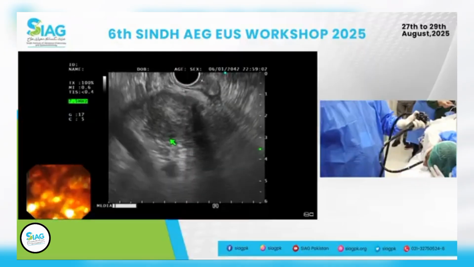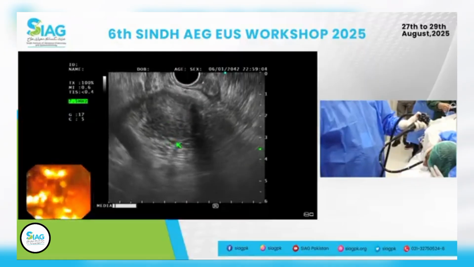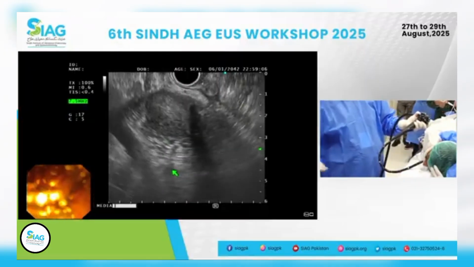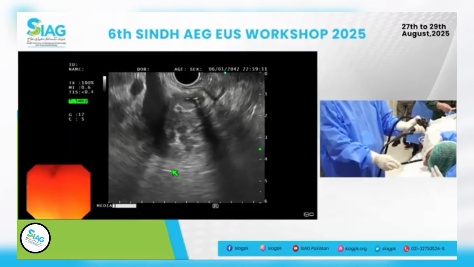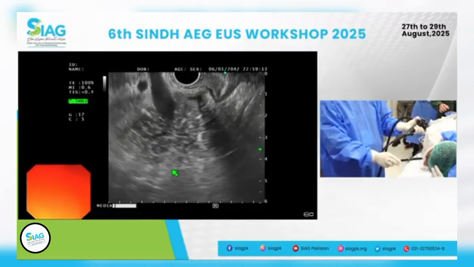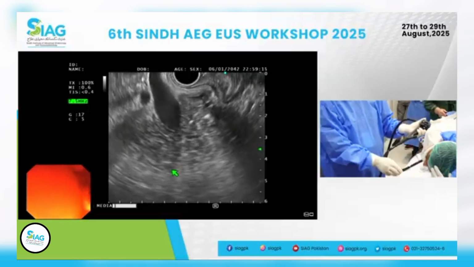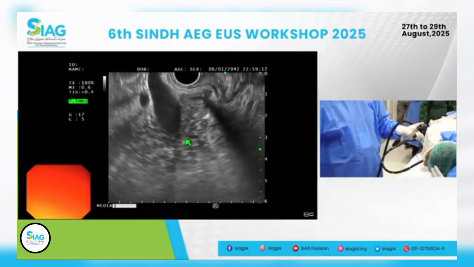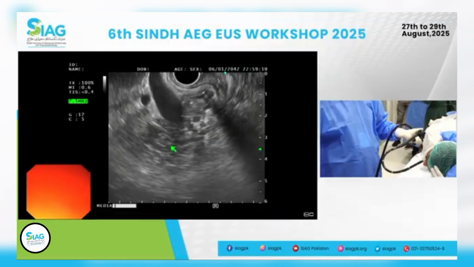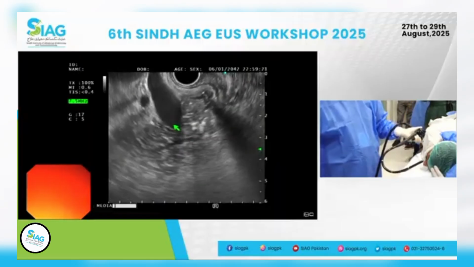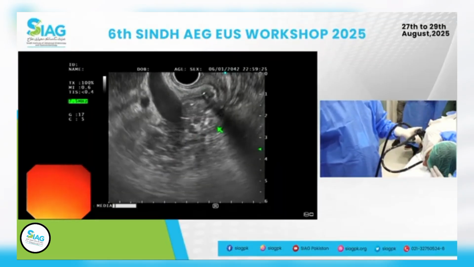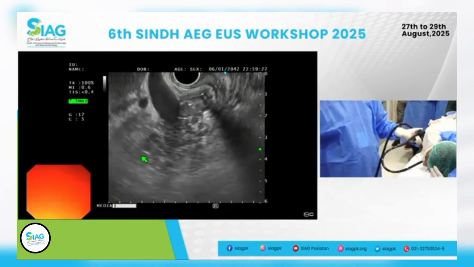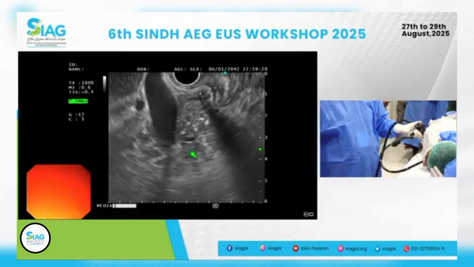You remember I mentioned it's going to come right here and then take a turn this way, and now it's going to go around the portal vein towards the distal body and the neck. You see how it came down right here? That's the neck of the pancreas. Portal vein, neck of the pancreas. Body is around the neck of the pancreas. This is the body right here, and tail would be distal to that.